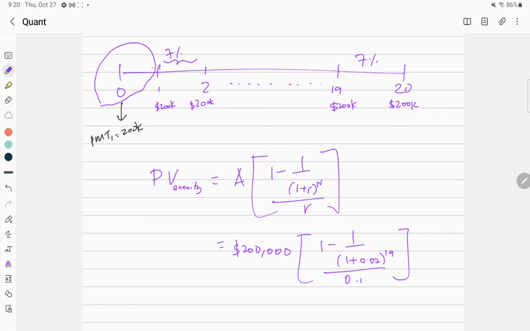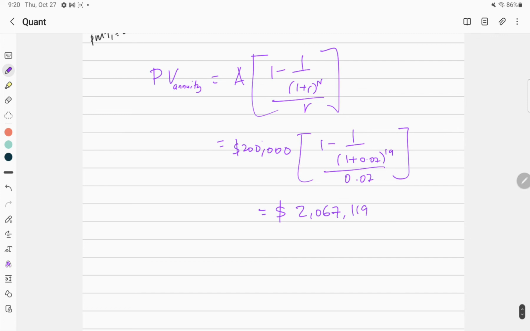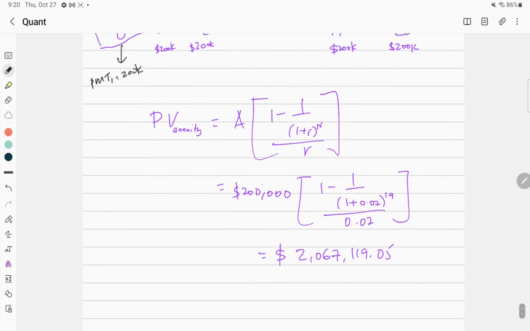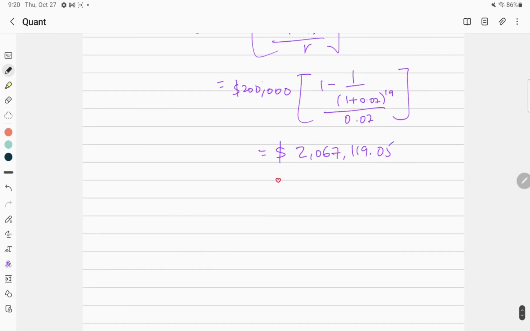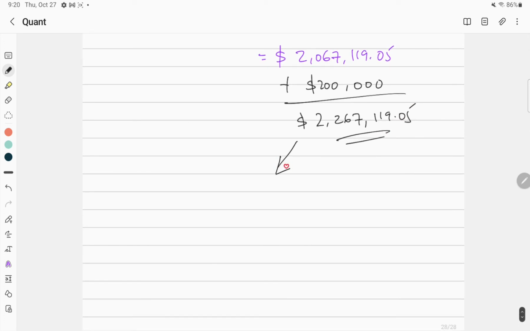And divided by 0.07. Now this will give us about 2,067,119 and 5 cents. Now we add the first $200,000 from the payment that we got at the beginning of the year, and this will be about 2,267,119.05. So what is this?